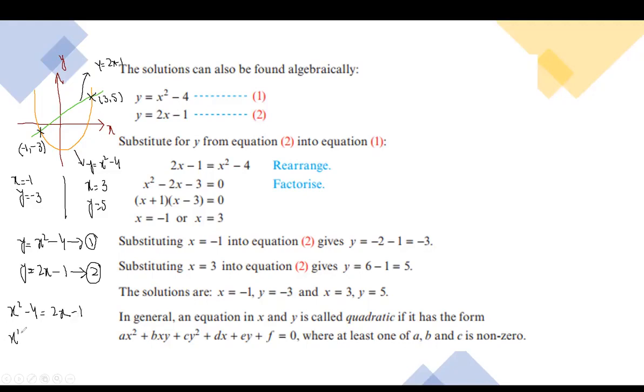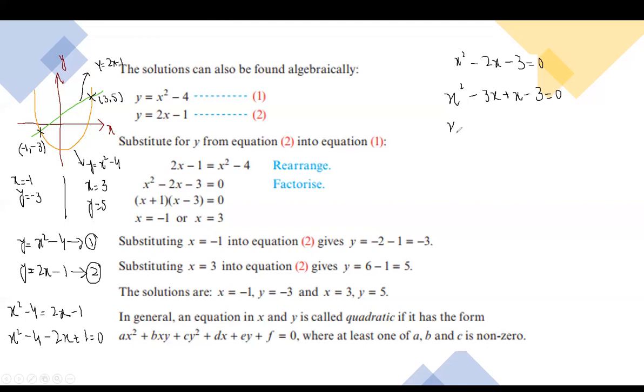So rearrange it: x squared minus 4 minus 2x plus 1 equals 0. So the equation is x squared minus 2x minus 3 equals 0. Now, middle term breaking: x squared minus 3x plus x minus 3 equals 0.